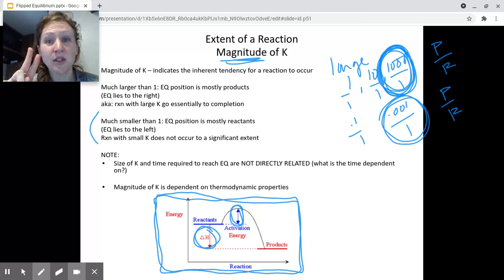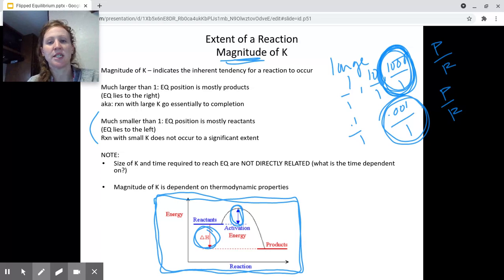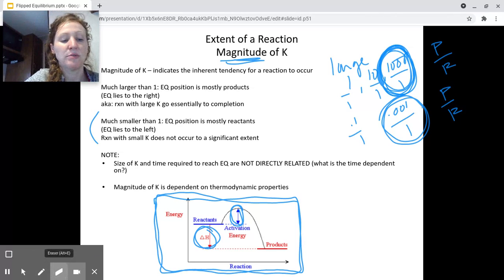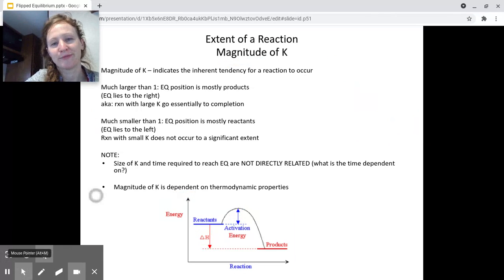There is a relationship there, and we're going to explore it after we get through chapter 13. But for now, just realize that a connection does exist. We'll explore it later, and then you can walk forward knowing what the magnitude of K means for now.